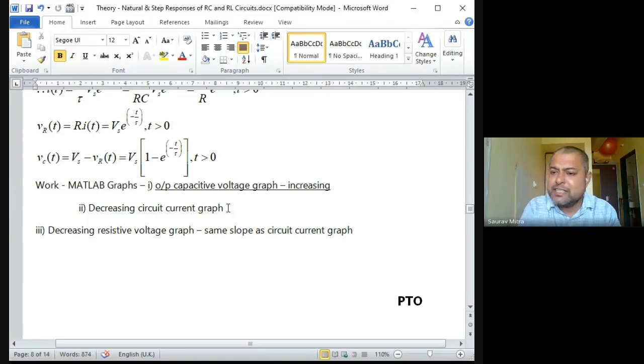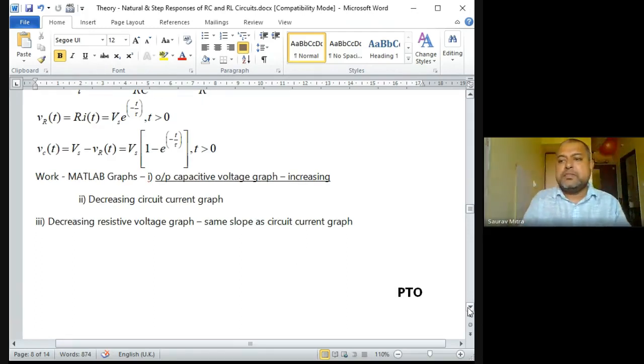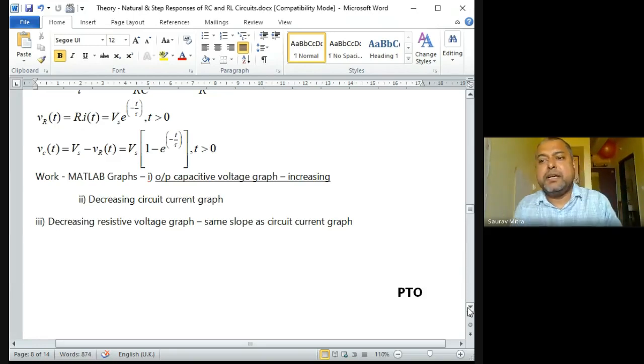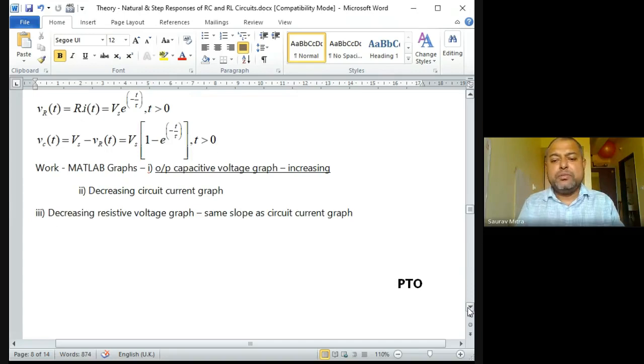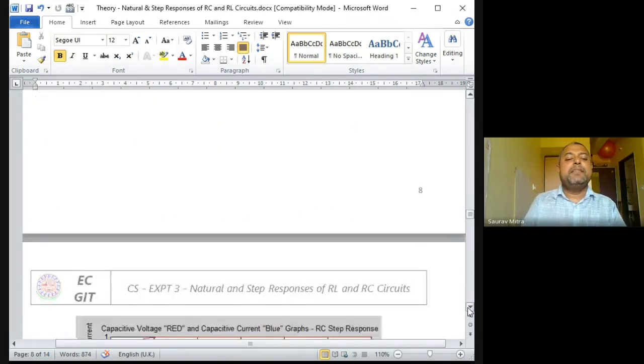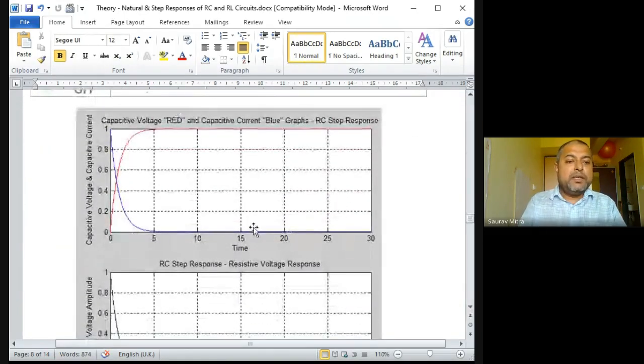So decreasing circuit current, increasing capacitance voltage, and decreasing resistive voltage. Resistive voltage and circuit current, these two graphs are the same, because VR is equal to R into IR, and IR is equal to IC. So as IC is reducing, IR also will be reducing. You can find it in the next graph we have shown. The red graph is how the capacitor's voltage is building up.